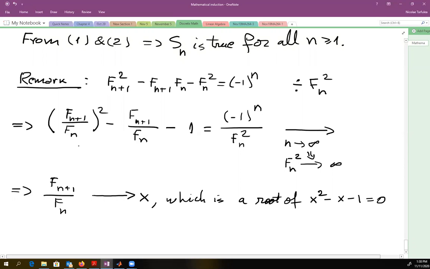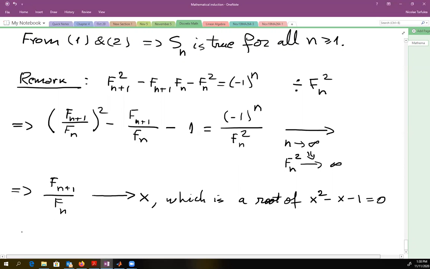So this approaches the root of this equation because the right-hand side goes to 0. If we denote this by xn, then xn converges to a value x, which is a root of this equation.